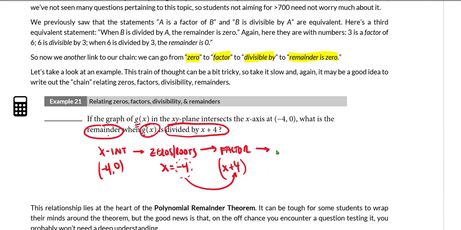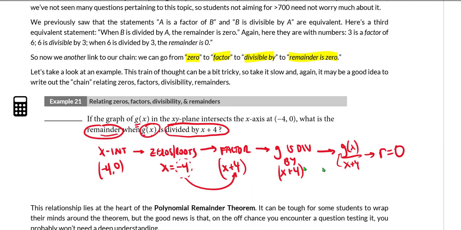That means that g is divisible by x plus 4, right? If x plus 4 is a factor of g, then g is divisible by x plus 4. And that means that when we divide this function g by x plus 4, because x plus 4 goes in evenly to g, our remainder is going to be 0.